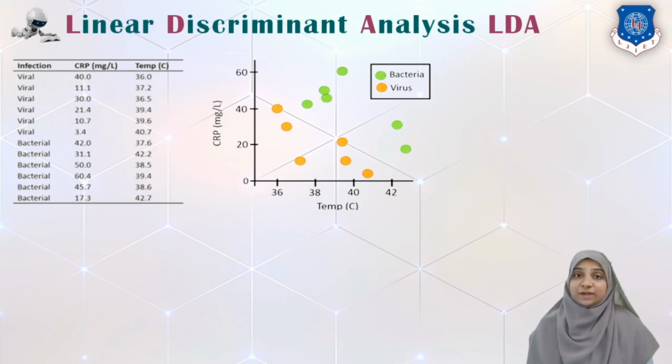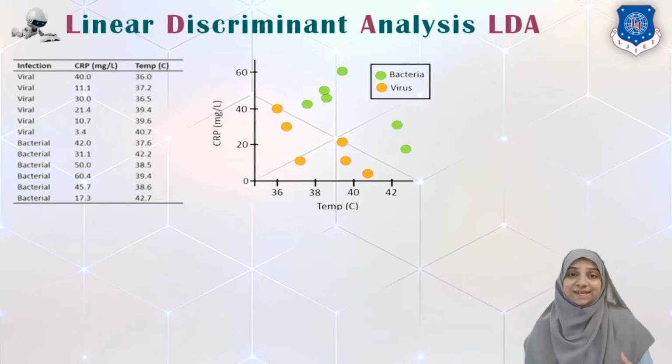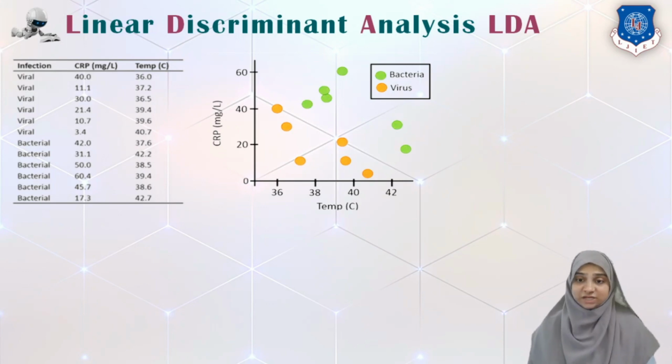The data points, or rows, are categorized broadly into two different infections. So here we have two different classes of data. The first class is viral infection and the second class is bacterial infection.